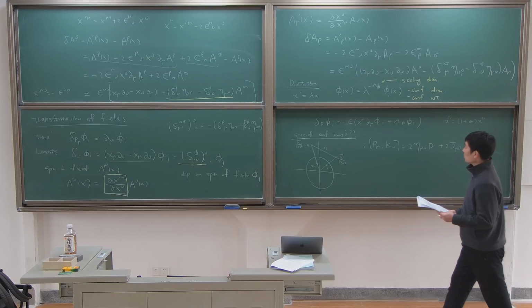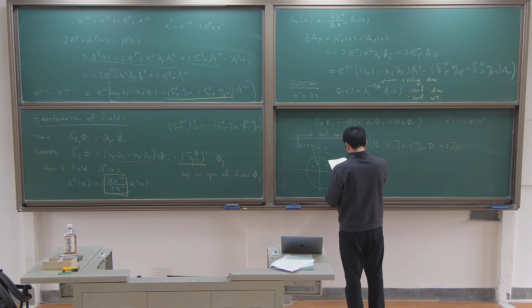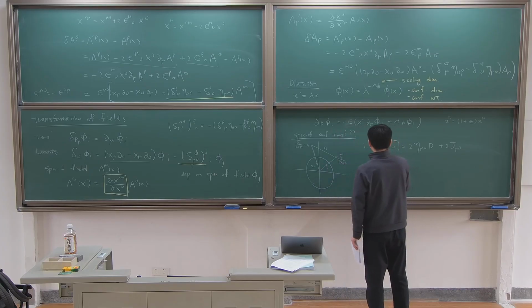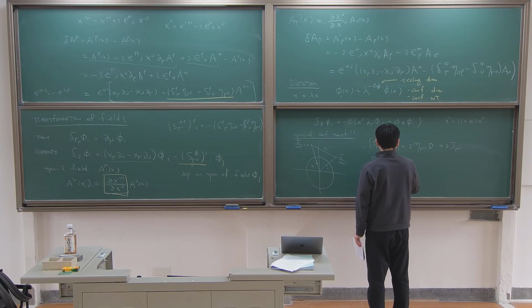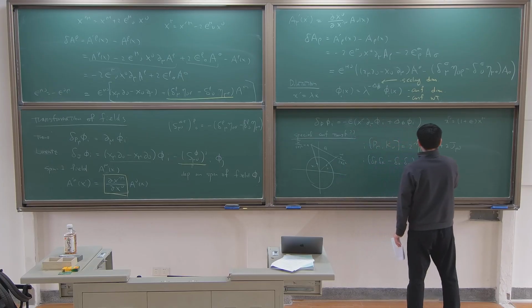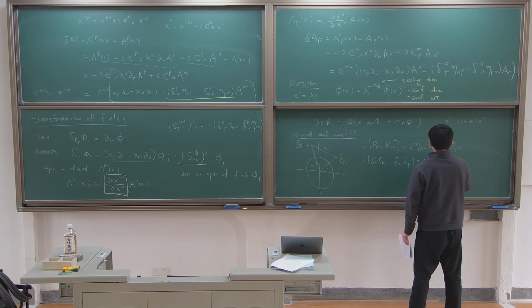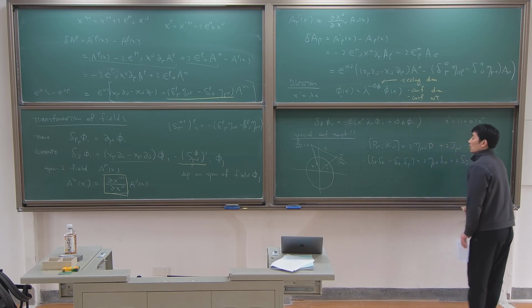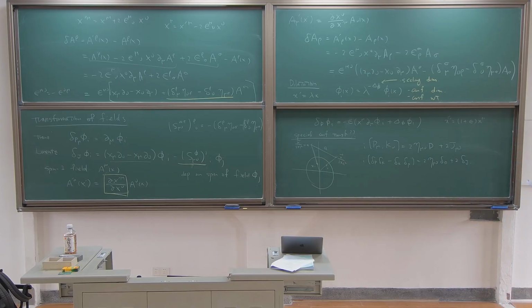Using this, one can easily see that the commutator of delta P and delta K, times i, should be equal to 2 times eta mu nu delta D plus 2 times delta J. That's what you expect to get.